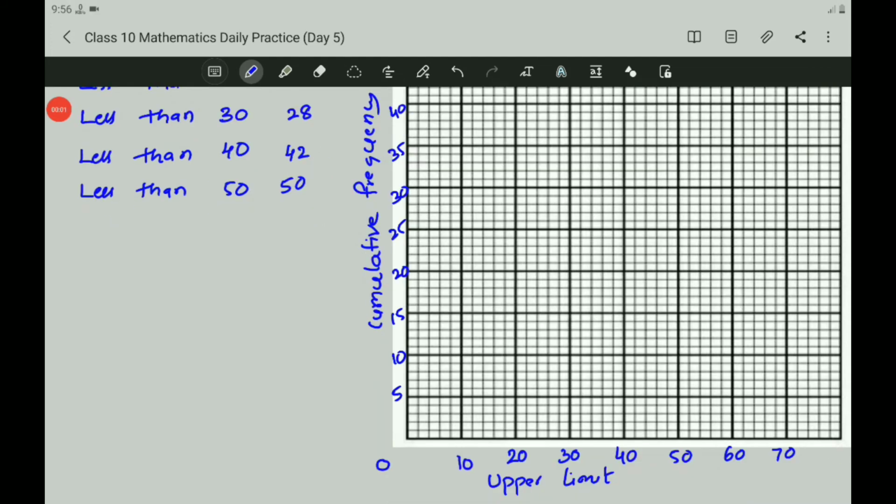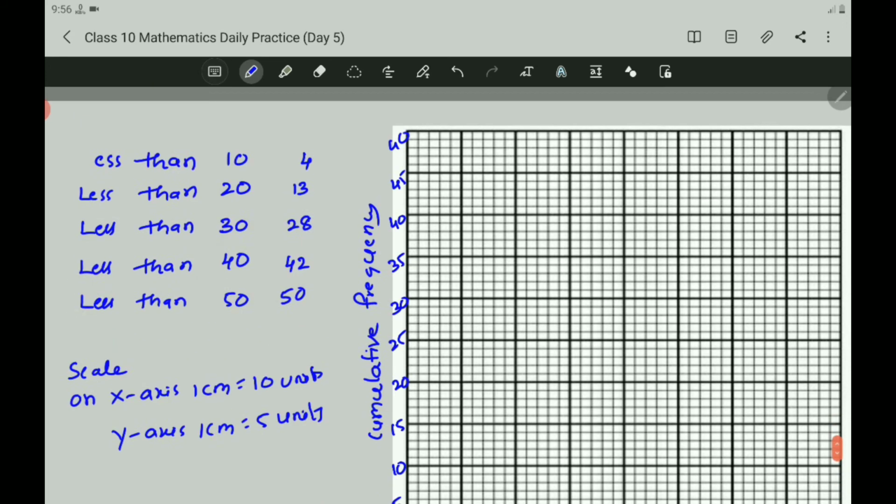So what is the scale you have taken here? Scale on x-axis, 1 centimeter equals 10 units, and on y-axis, 1 centimeter equals 5 units.